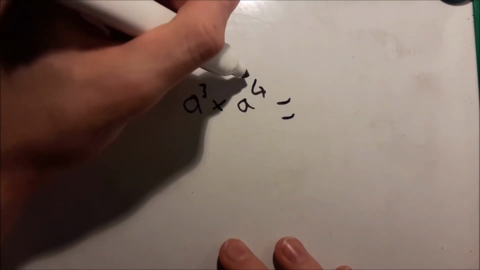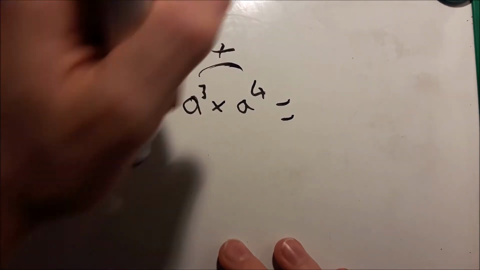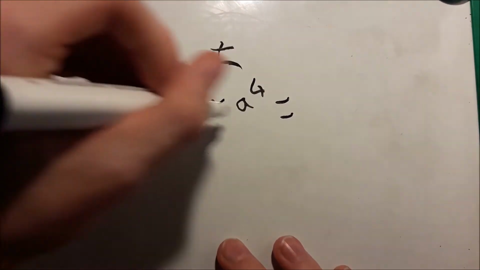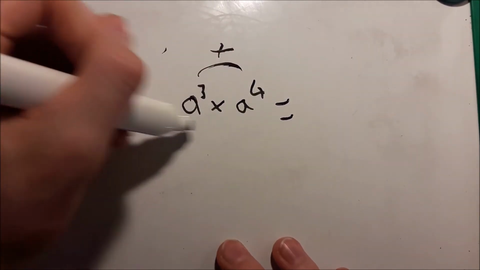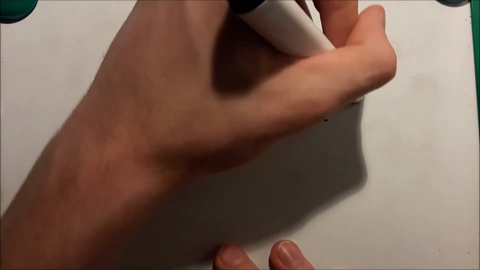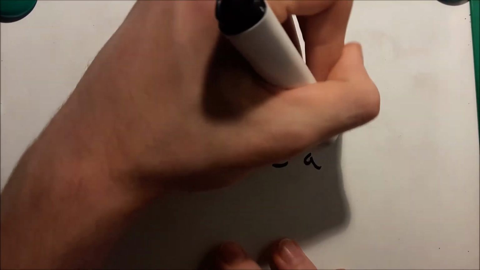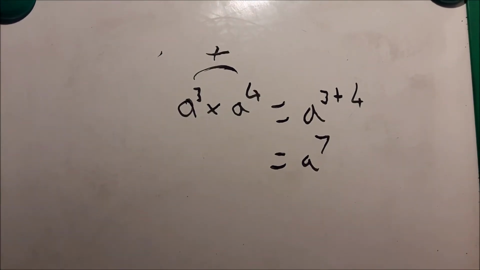Just remember, when they're timesed, the exponents are added. Because it's one term, we can times it. So it's a to the power of 3 plus 4, which is equal to a to the power of 7. Which is very nice and simple and easy.